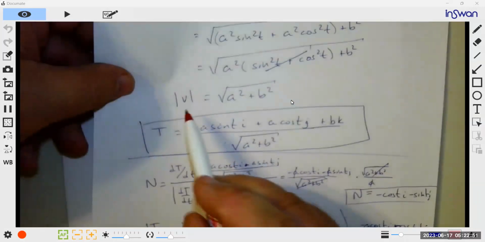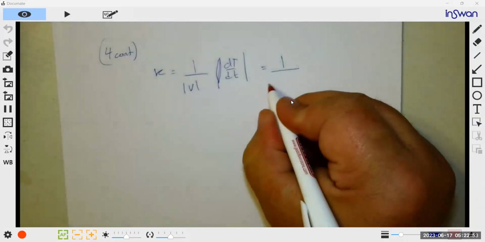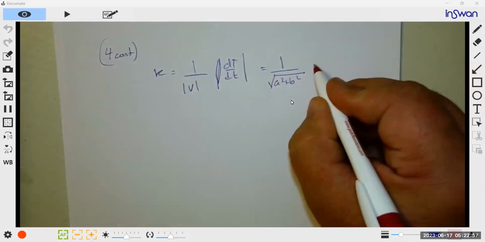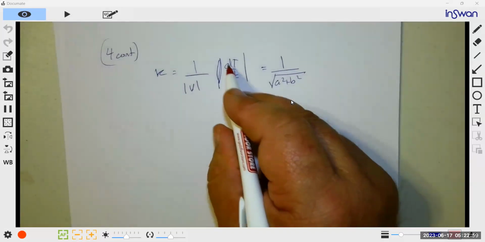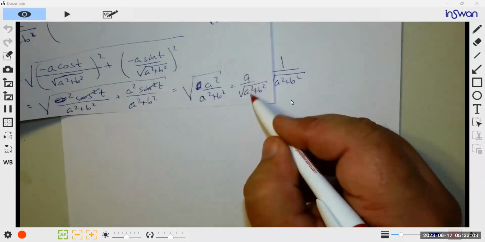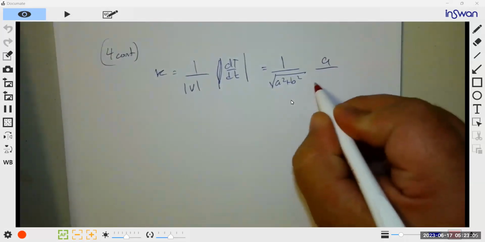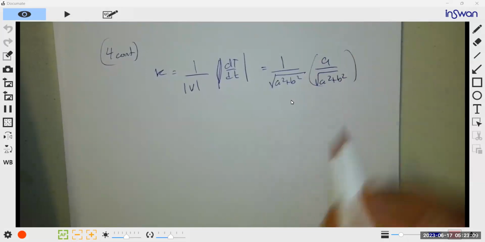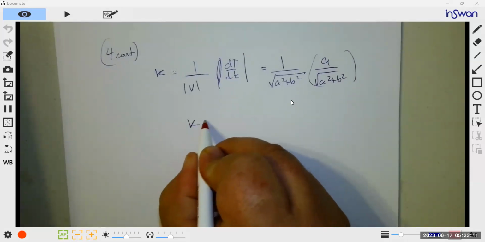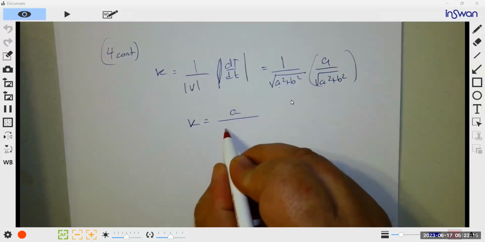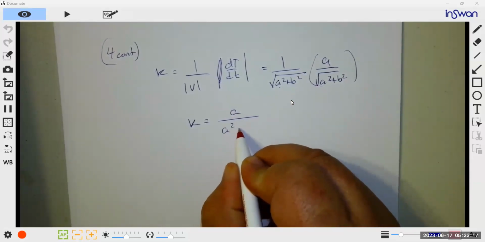The magnitude of v is radical a squared plus b squared, and the magnitude of the derivative is a over radical a squared plus b squared. Radical times radical cancels out, so it becomes a over a squared plus b squared.